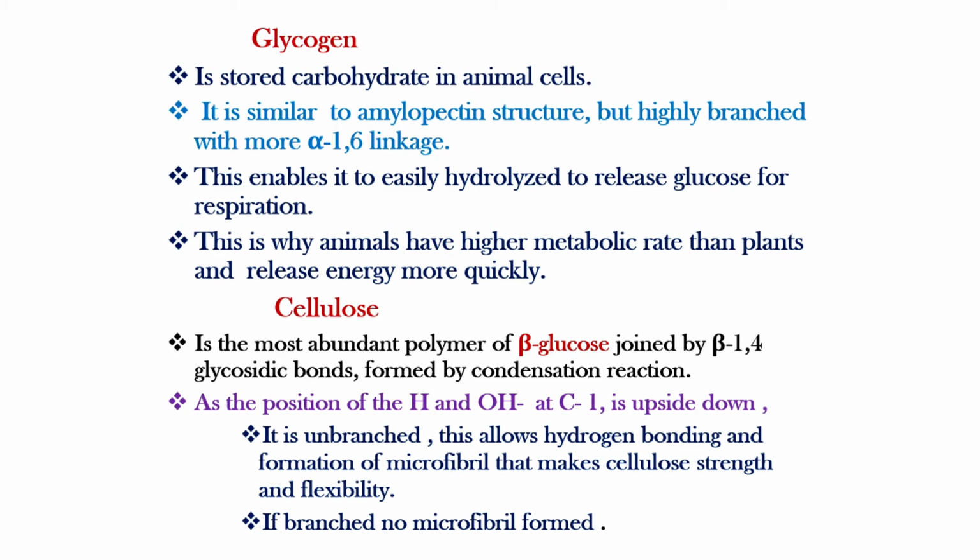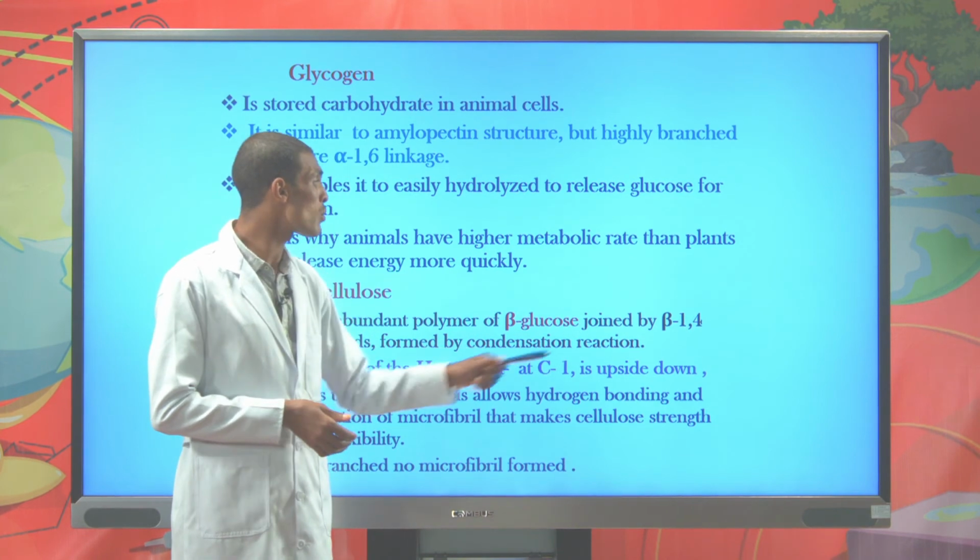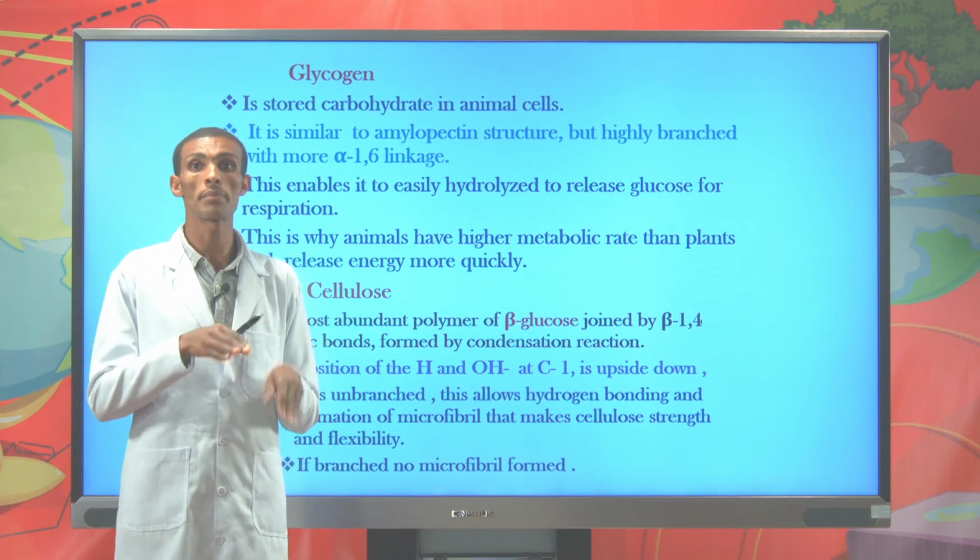But cellulose, the most abundant and hardest polysaccharide, is made from beta glucose joined by beta 1,4-glycosidic bonds. We say beta because the position of the OH and hydrogen atom at carbon number 1 is reversed or upside down.